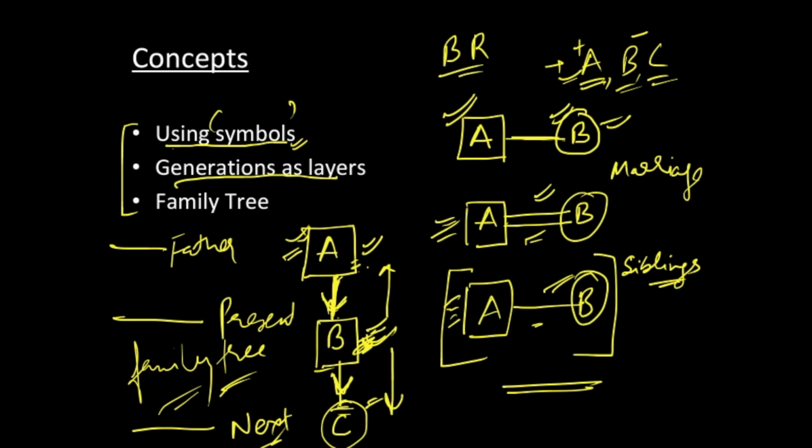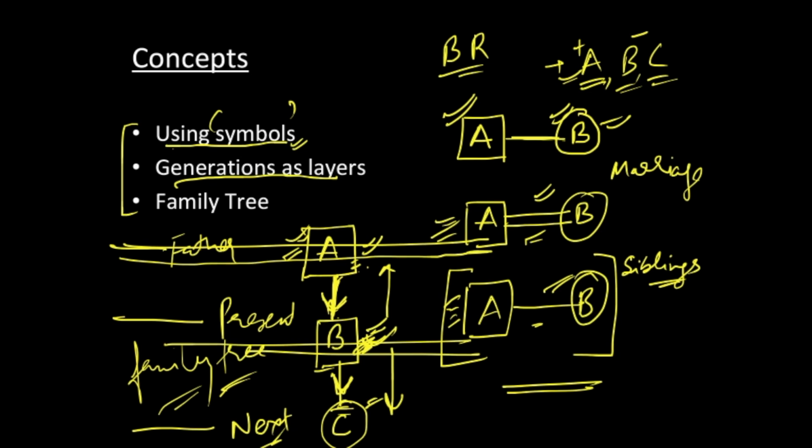So this is how you deal with multiple generations, and the people of the same generation should fall in the same layer or same line, in the horizontal direction, right? If B has a brother, let's say D, you will write him in the same horizontal line so that you know that they are of the same generation.